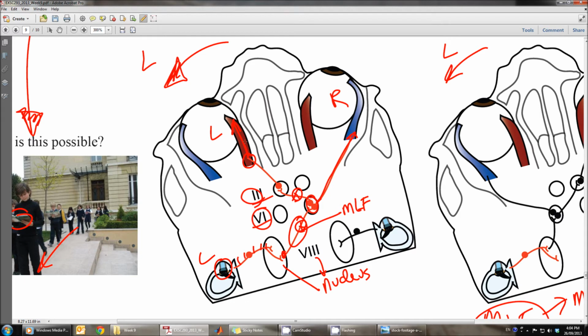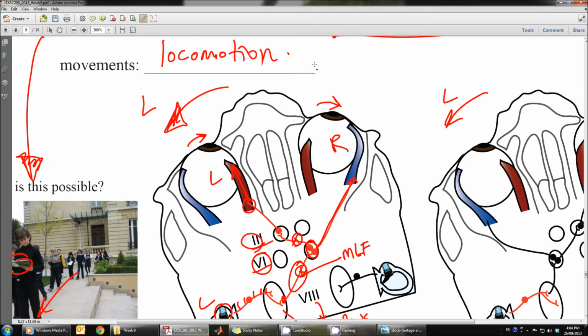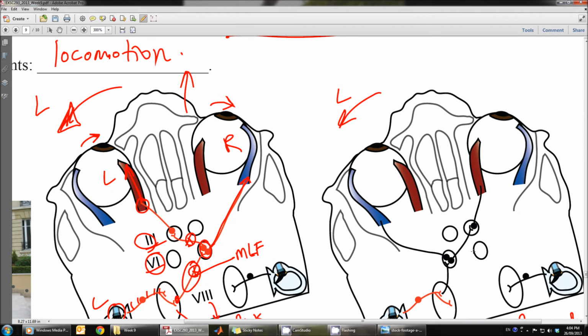And if you contract those muscles, the end result will be rotating the eyeball towards the right, and that way if you rotate the head to the left but your eye is rotating the opposite way, you can stabilize the gaze, you can look ahead in the same direction as before rotating the head.